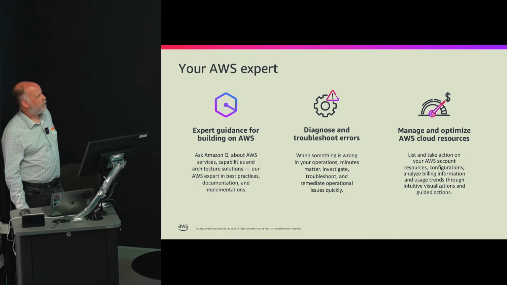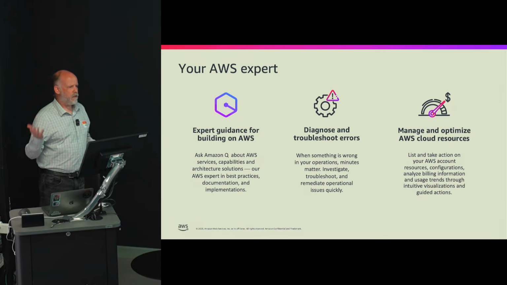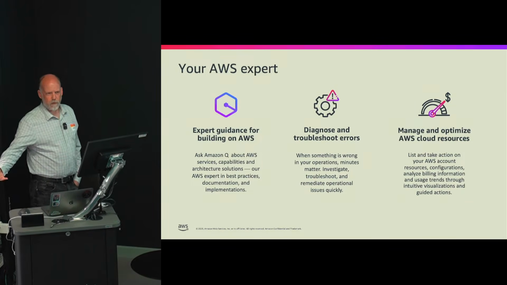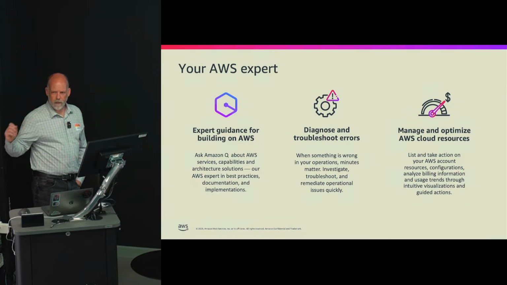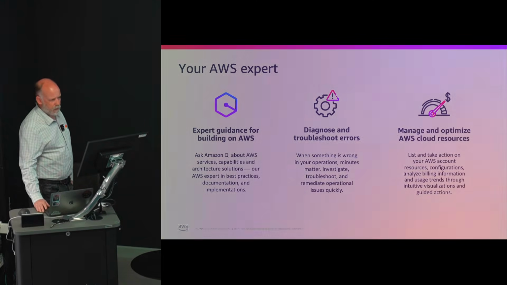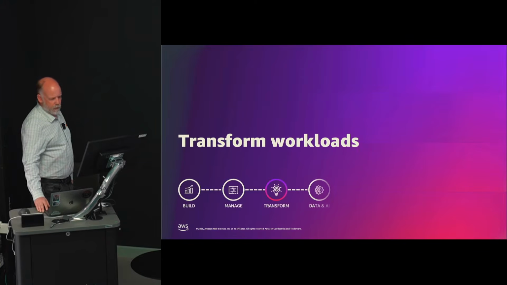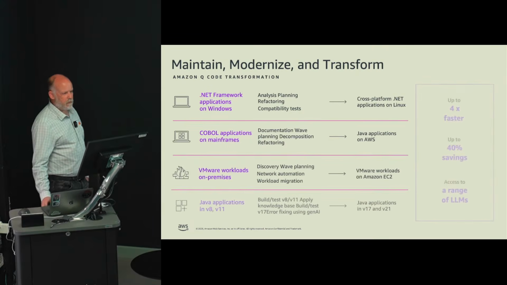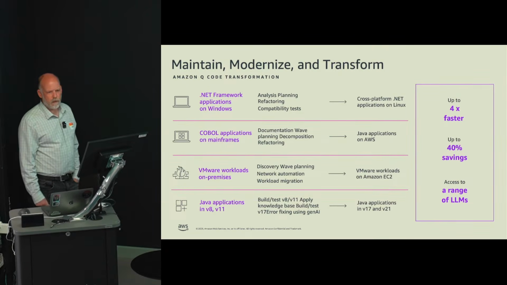So you could be saying, do I have any underutilized EC2 instances? Can you suggest changing the instance type, for example, to make it better utilized than it currently is? And then, as I've mentioned, transforming workloads. This could be really, really good for you.